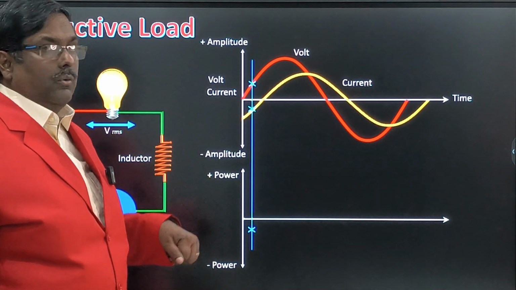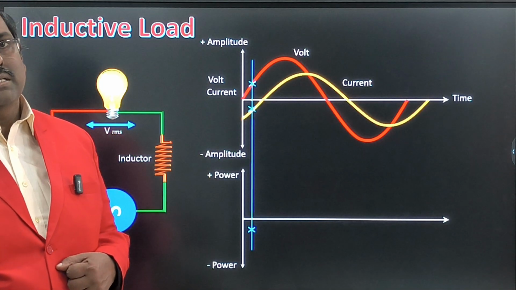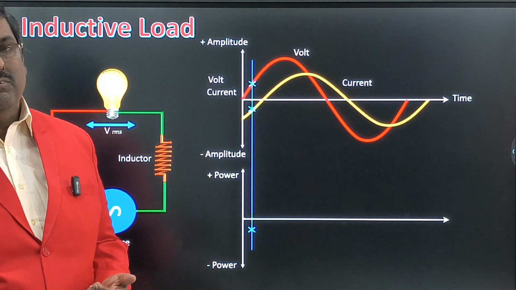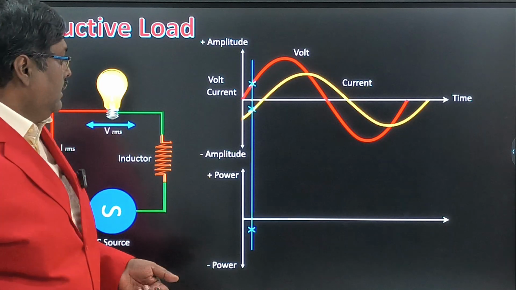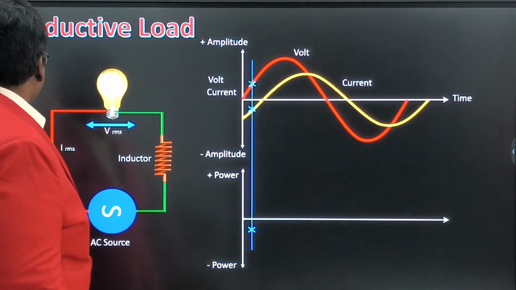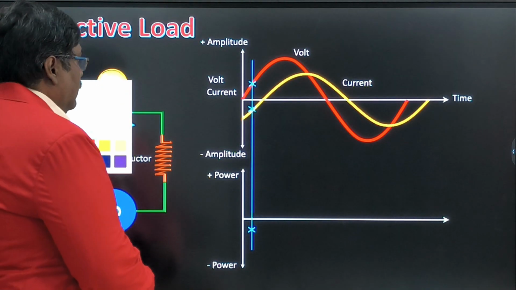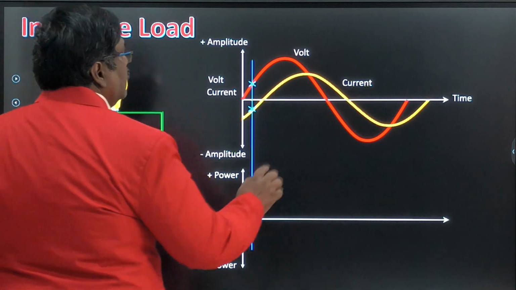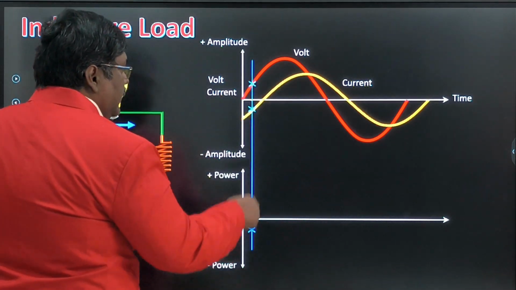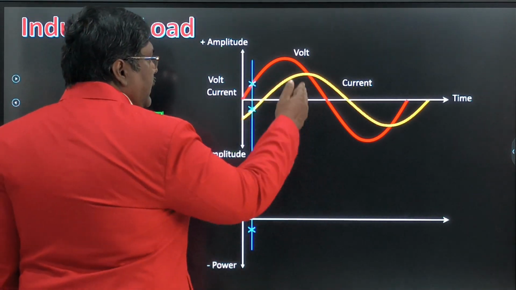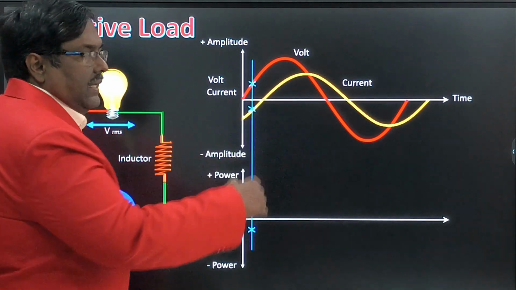Now we are going to calculate the power. What is the power formula? V into I. So I am going to divide a lot of points in between these lines, up to one cycle.